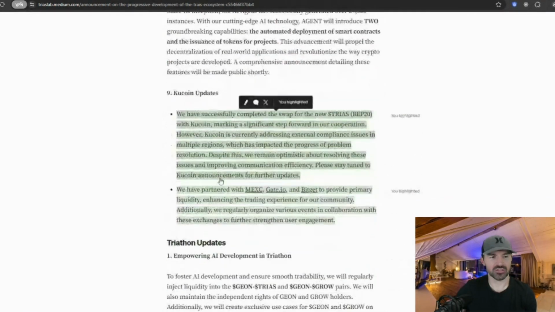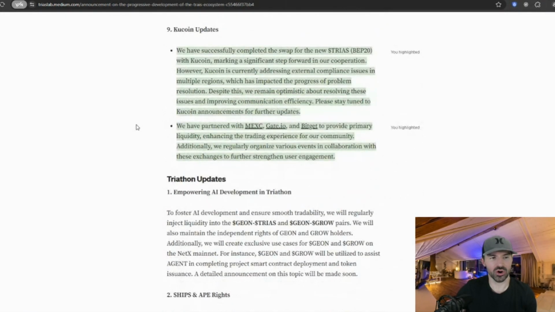Something else I found very interesting was the KuCoin updates. A lot of people have been talking about the ST tag. An ST tag has been put on KuCoin, and they no longer trade the ERC20 tokens. "We have successfully completed the swap for the new Trias BEP20 with KuCoin, making a significant step forward in our cooperation.